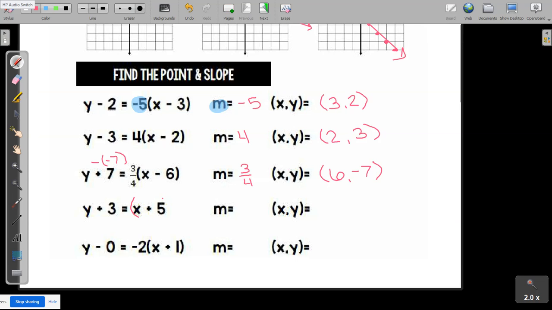So, what you can think of it is anything times 1 is itself. So, our slope here is 1. Now, our point, our x has a +5, so it's going to be the opposite, so -5. Our y +3, opposite, so -3. And then our last one here, our slope is going to be -2. And our point would be -1, opposite, and then 0.